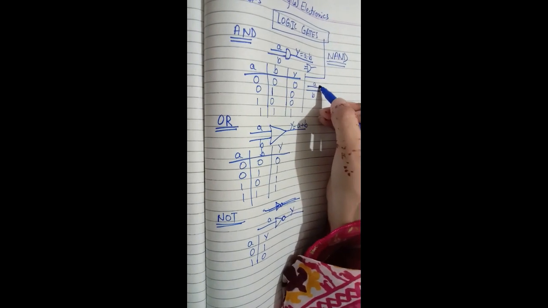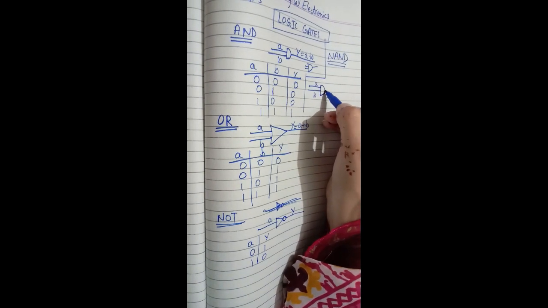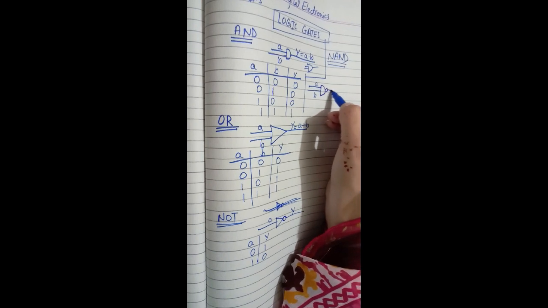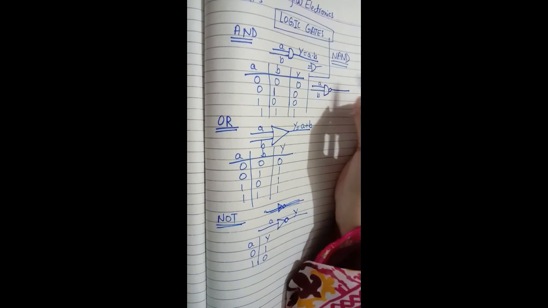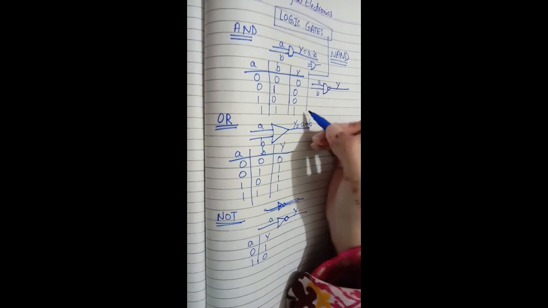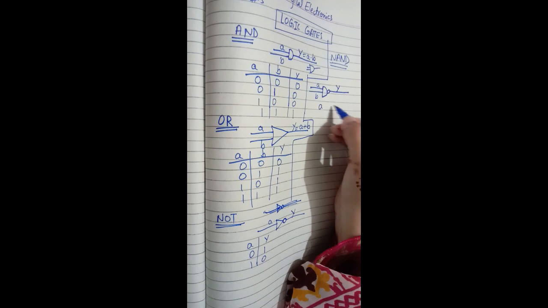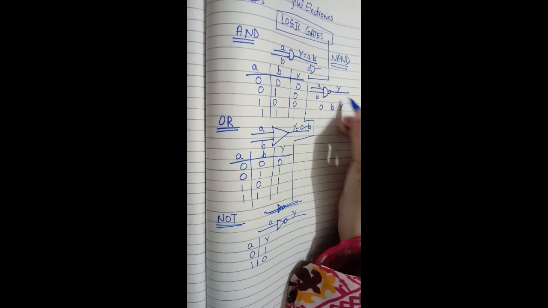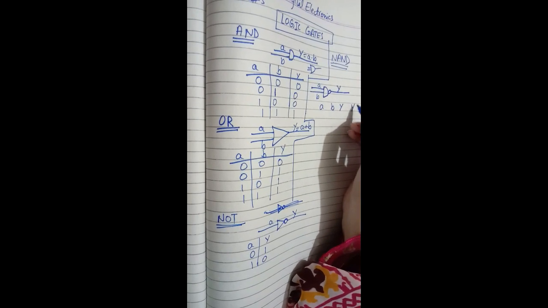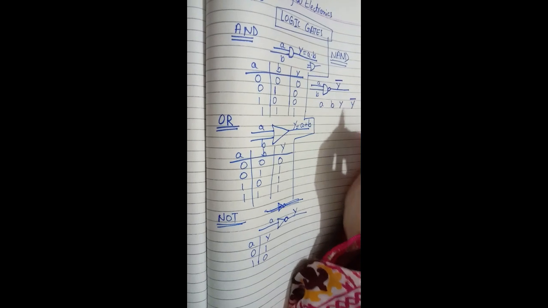We will draw its opposite, this, and the NOT before the output. So this is Y. We can draw it simply as A, B, the output Y, simple AND gate, and the final Y prime.